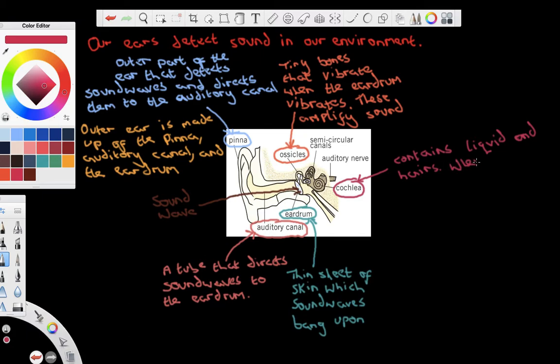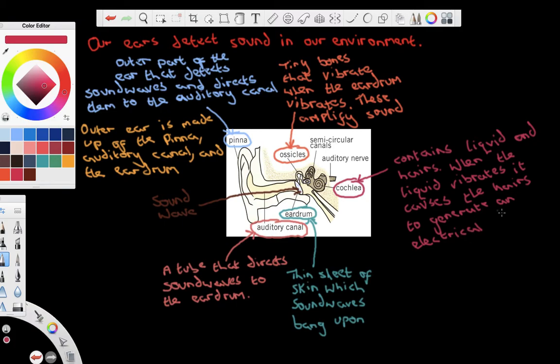When the liquid vibrates, it causes the hairs to generate an electrical signal.